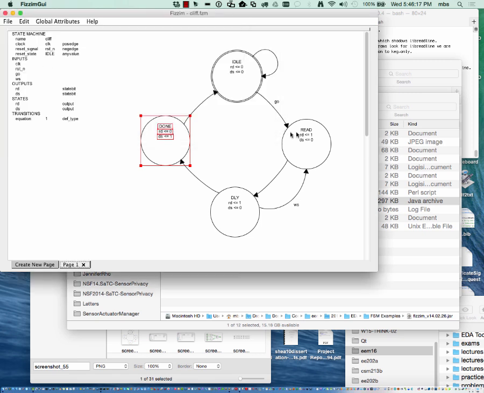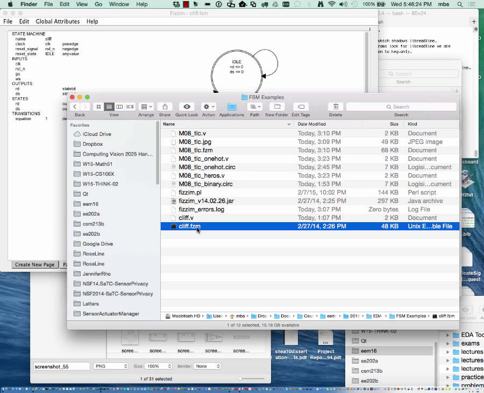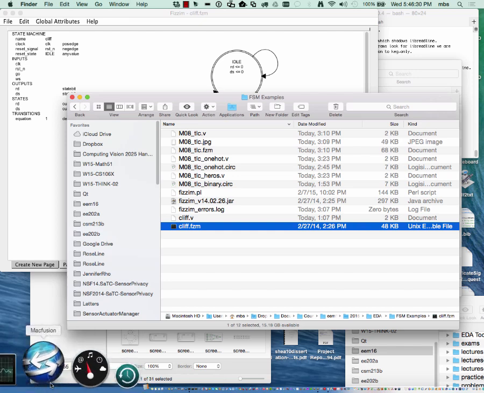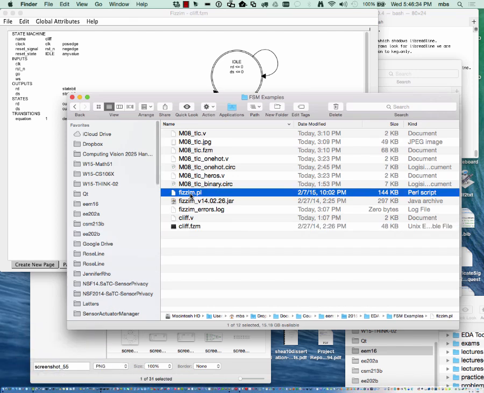What this then does is it creates a .fzm file, glyph.fzm, and if you open it up, it's just an XML format, an ASCII file. Then there is the script called fism.pl, which is written in a language called Perl, which is standard on Macs.